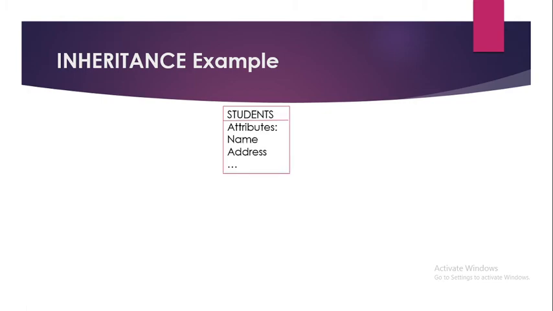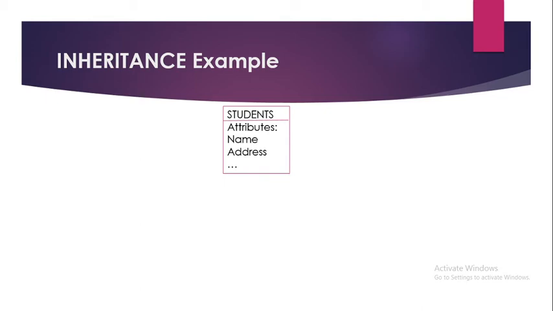Here we will see one example. Let us consider we have one class, that is student. Students will have attributes like name, address, and so on. This is my base class, or I can say my parent class.